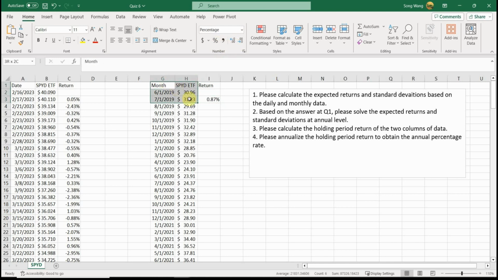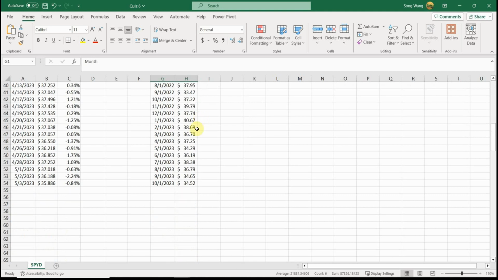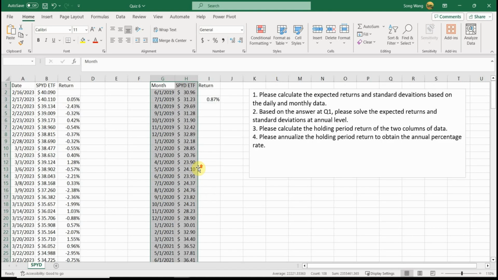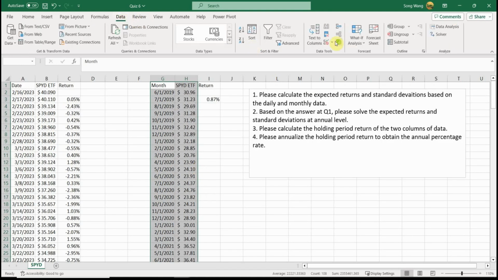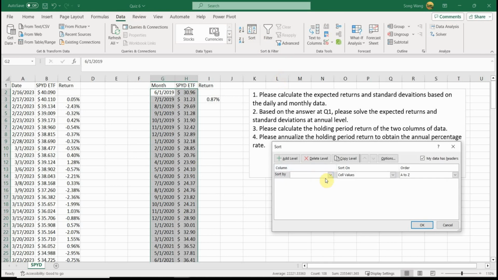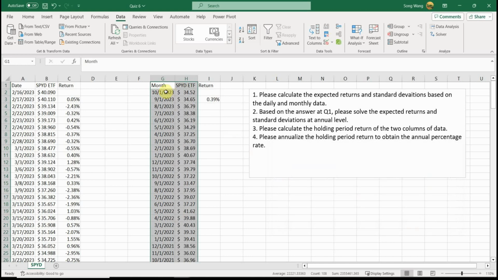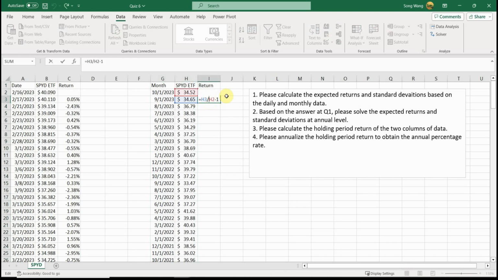If not, let's say they are arranged in descending order, let me just select that. So I go with a sort, and then sort by month, from newest to oldest. So you can see that if it goes this way, from October to September to August, it goes to the older dates, then your calculation is different.